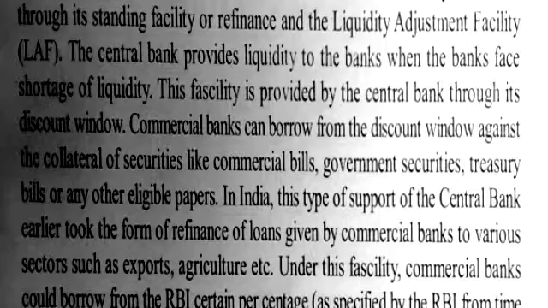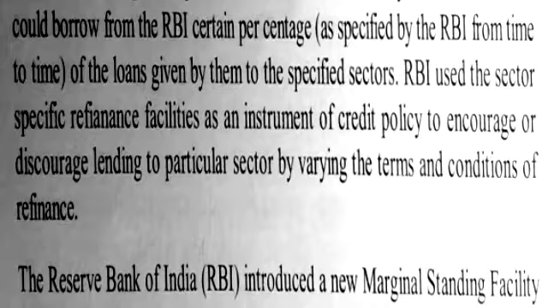the form of refinance of loans given by commercial banks to various sectors such as export, agriculture, etc. Under this facility, commercial banks could borrow from the RBI a certain percentage, as specified by the RBI from time to time, of the loans given by them to specified sectors.